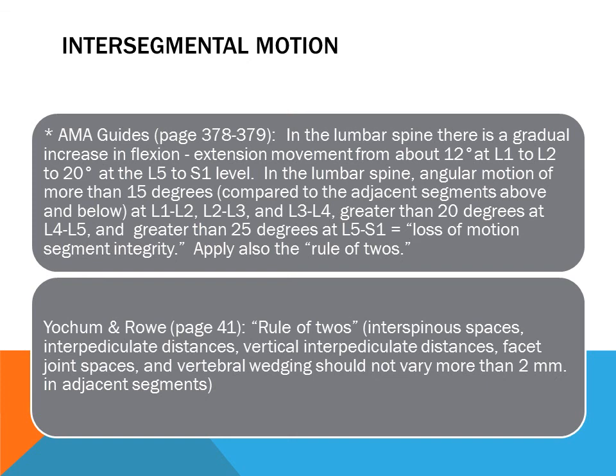Let's add this up. 12 plus 14 plus 16 plus 18 plus 20, that would be 80 degrees of angular motion, total angular motion. In our example, we just had 56 degrees. So there's some loss of normal motion segment integrity. So let's go to our chart.